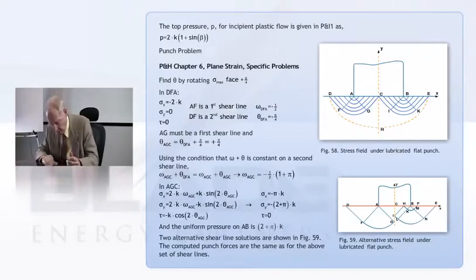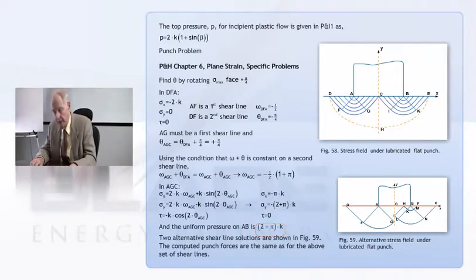The answer is a classic answer in plasticity theory, and that is that the normal stress that it takes for this punch to indent the surface is 2 plus pi, or about 5, times k. Well, let's remember now that 2k is the tensile yield point.